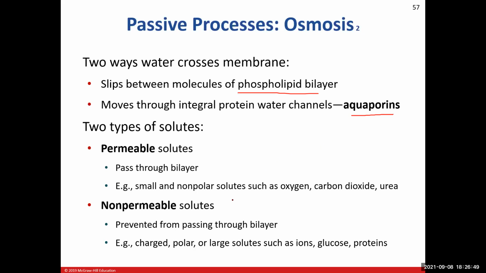They have to have these two qualities, small and nonpolar. Enough on that, I've already said it. The non-permeable can't get through the lipid bilayer. That means they're charged, polar, or charged ions, or they're just too big.